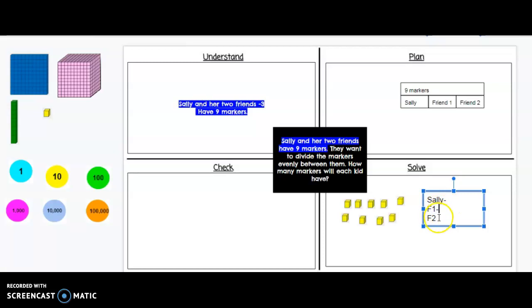So each person, Sally and her 2 friends, are each going to get a marker, but we're only going to give them one at a time. Okay, boys and girls? So Sally gets 1. Friend 1 gets 1. Friend 2 gets a marker. And then we're just going to keep doing this until all of our markers have been divided up.